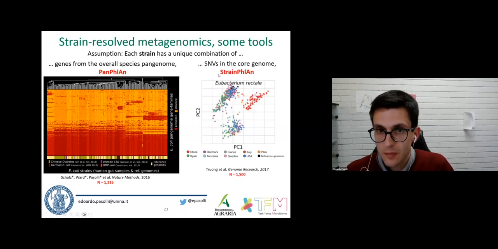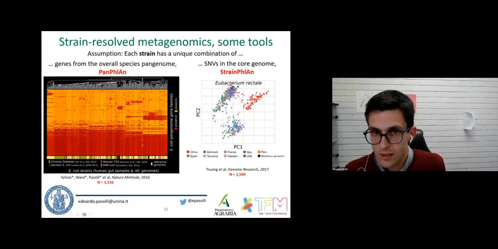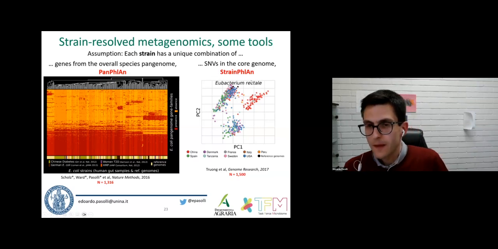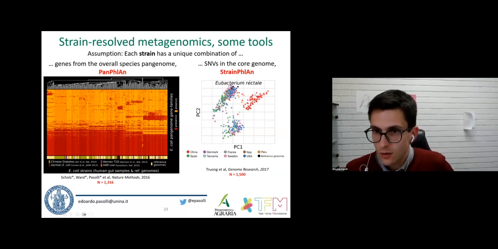An alternative is represented by another approach in which we start from the assumption that the strain has a unique combination of single nucleotide variants in the core genome. This is the case of StrainPhlAn, in which we identify single nucleotide variants in the core genome. And this is an example of the type of output that you can get. For example, this is the case of Eubacterium rectale.